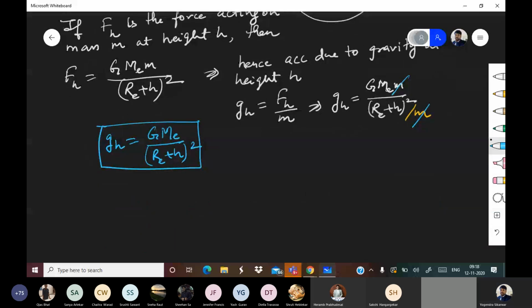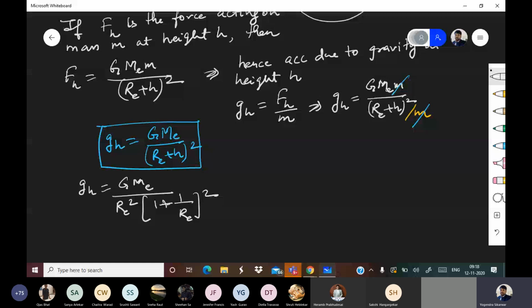So we are going to write this further as gh is equal to G Me, or let it be in the denominator itself, Re I am taking as common, and this will be 1 upon (1 plus h upon Re) whole square. It will become like that.